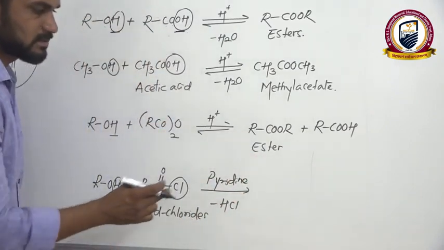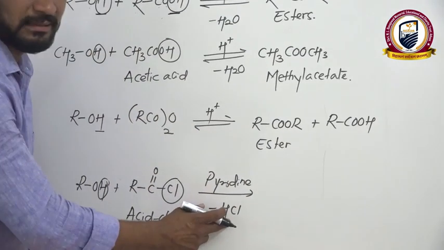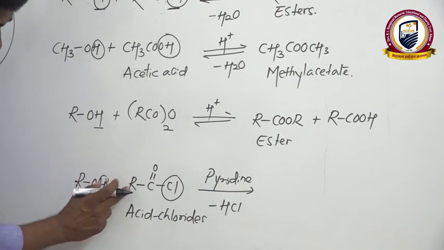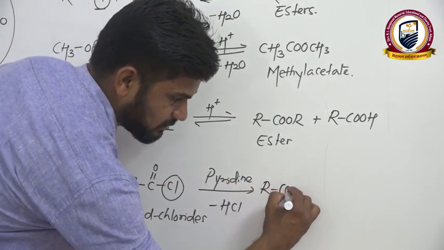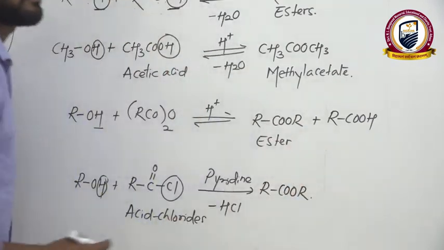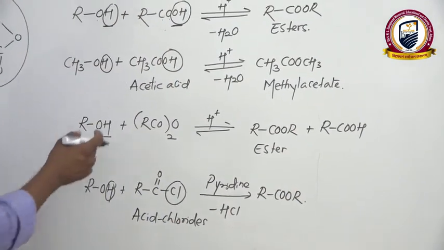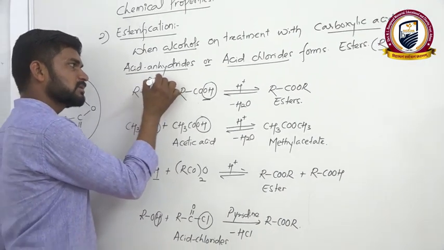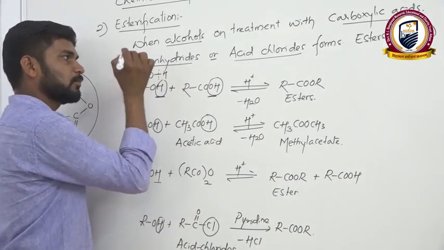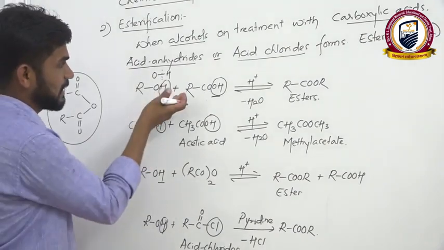Pyridine is the solvent used to remove this HCl. The formation of RCOOR, commonly called an ester, takes place. This shows again the breaking of the bond between oxygen and hydrogen of the alcohol. So this is another example.